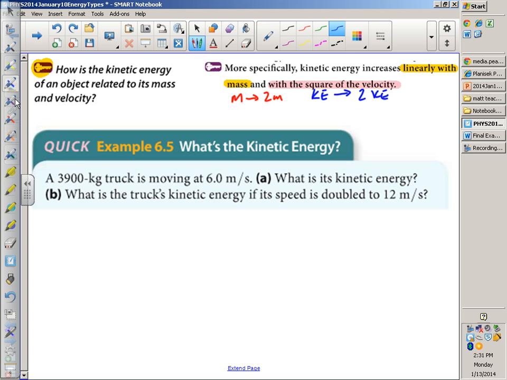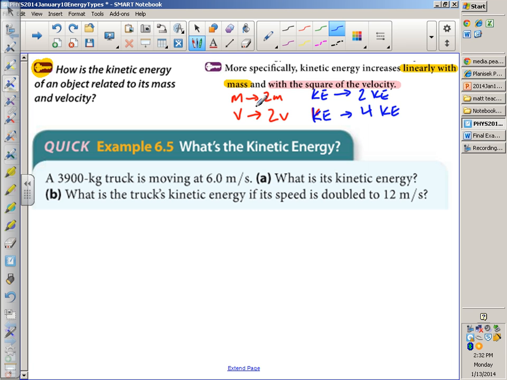But what we find out is if we take velocity and we go 2 times faster, so you're going 35 miles per hour on the road outside of school versus 70 miles per hour on the highway, the kinetic energy would go up by a factor of 4 because it increases with the square of velocity.